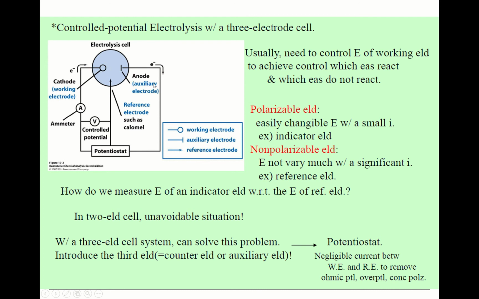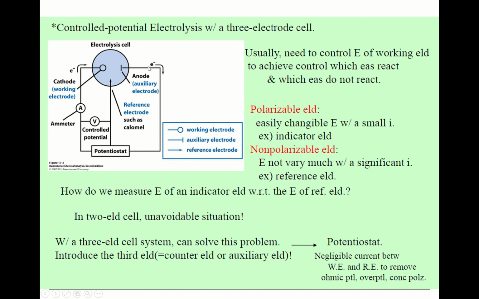Think about the two electrode system, without this reference electrode, and then potential is determined. For example, in that case, the cathode potential is determined with respect to the anode, and current also flows through the anode.